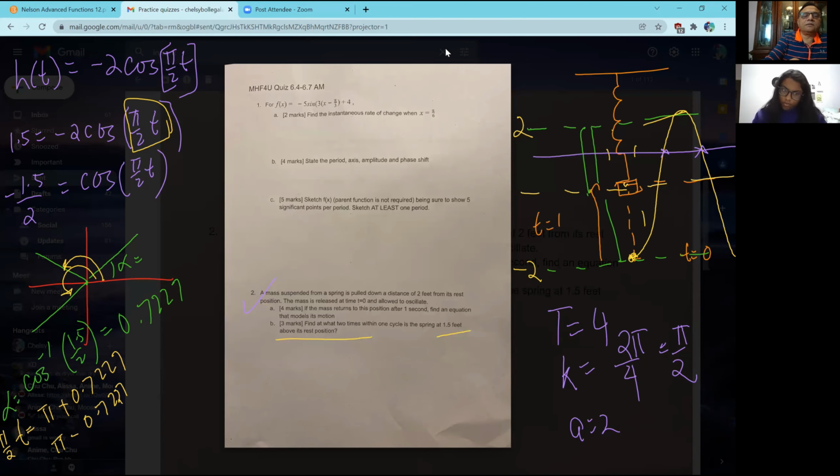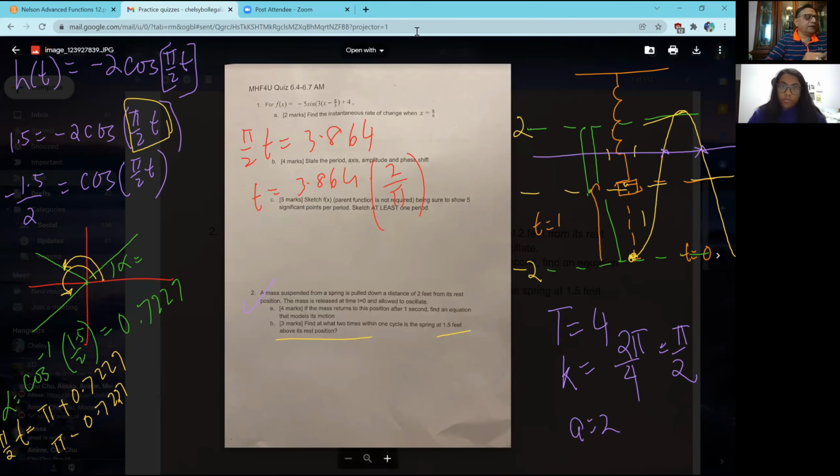So we get pi by 2 t is equal to 3.864 and t will be equal to 3.864 times 2 by pi. So I'll multiply this by 2, divide by pi. And I get 2.46 as one answer, 2.46 seconds.